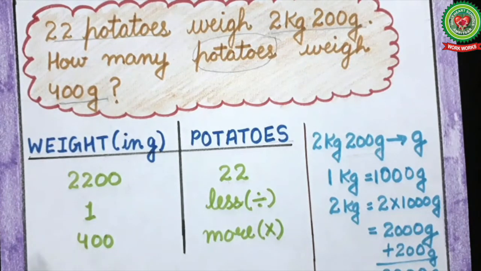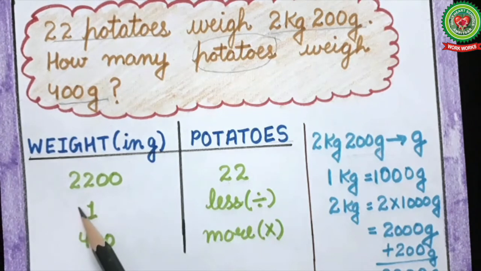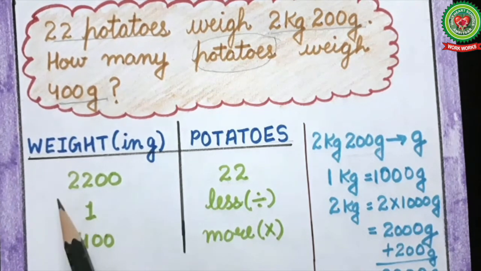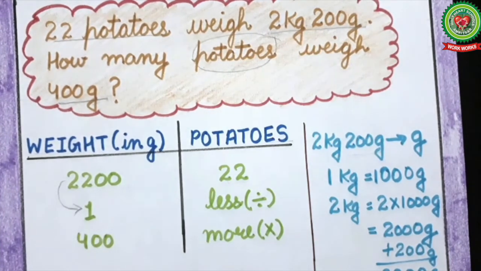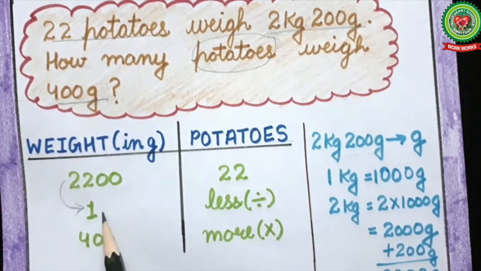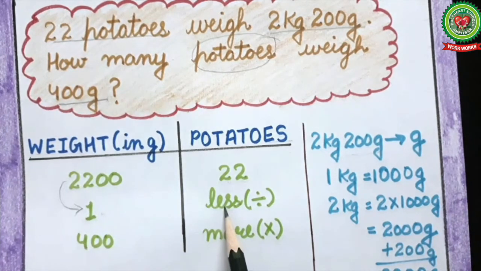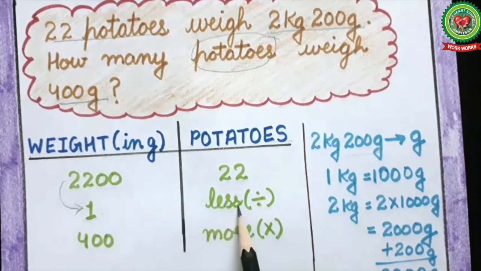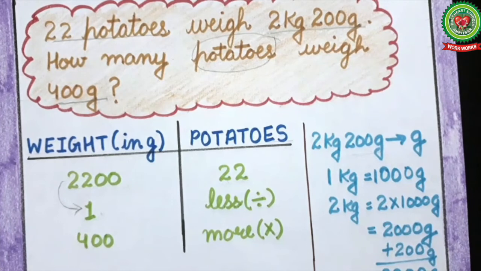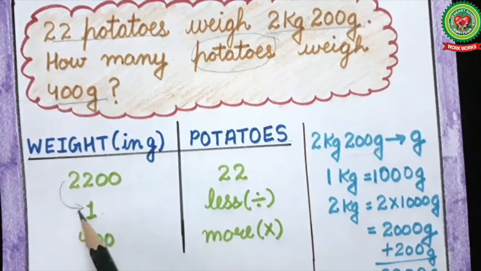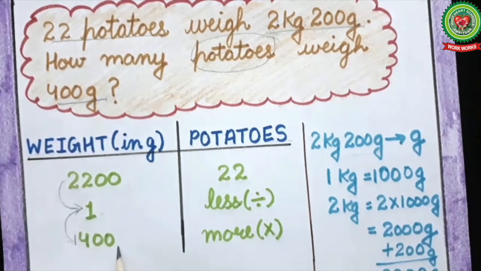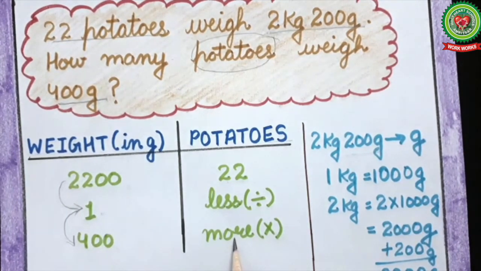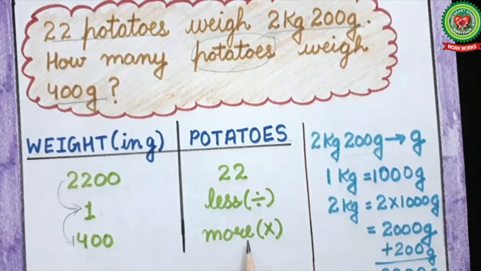But before that we will find the potatoes for the 1 gram. We know when we move towards 1 gram, if weight reduces, potatoes also reduce. Here less will come, less means divide. After that we will move towards 400 gram. If weight increases, number of potatoes also increases, more will come, more means multiply.